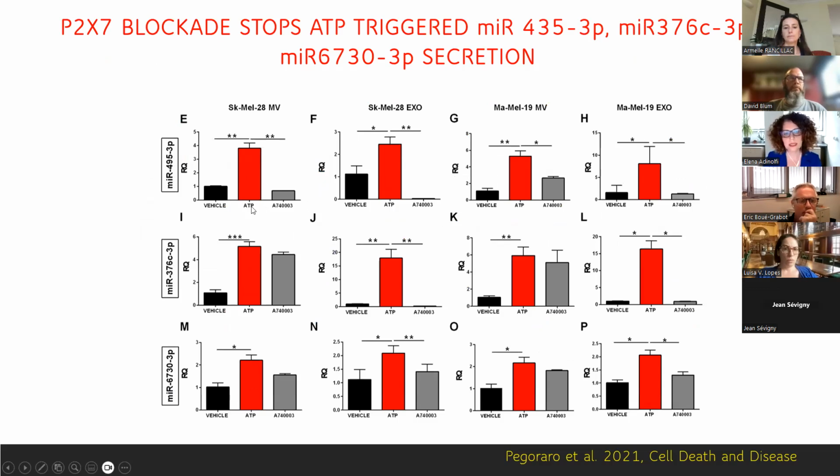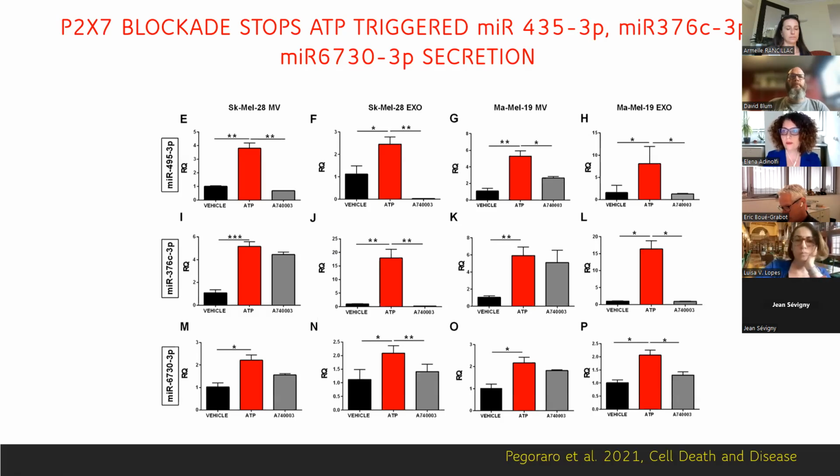And most interestingly, if we co-apply ATP together with the P2X7 antagonist A740003, almost in all conditions, we get a reduction of the secretion of these miRNAs. And this is of particular importance because we do know that vesicles are important in cancer, and we do know that miRNAs contained in vesicles are important to cause the spreading, select the metastatic niche.